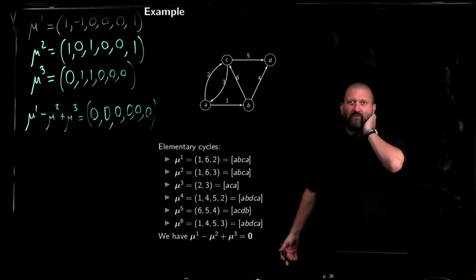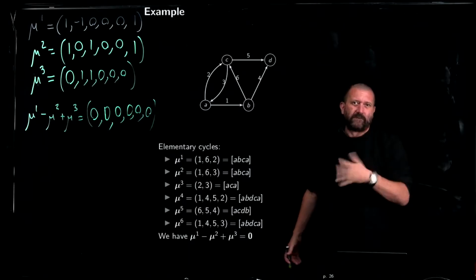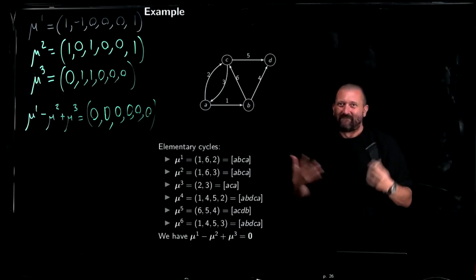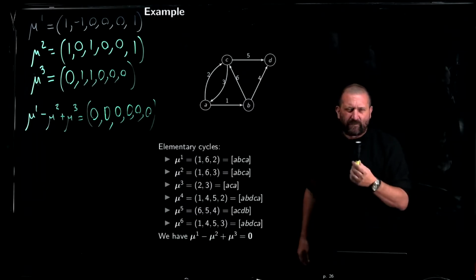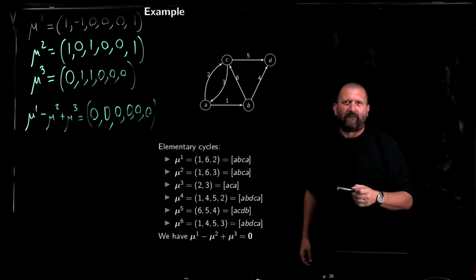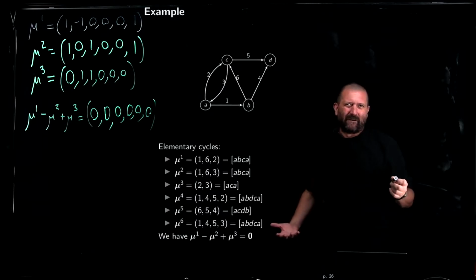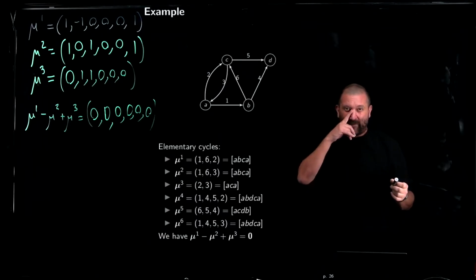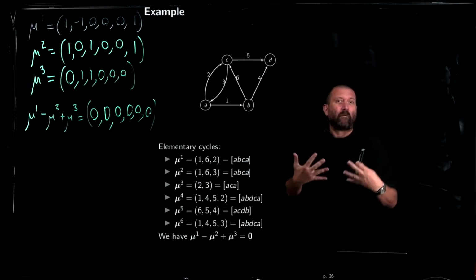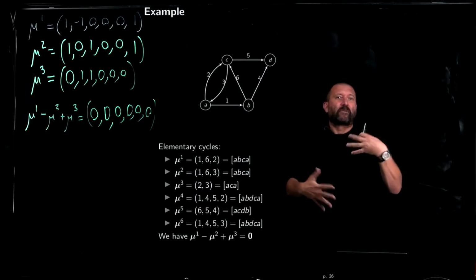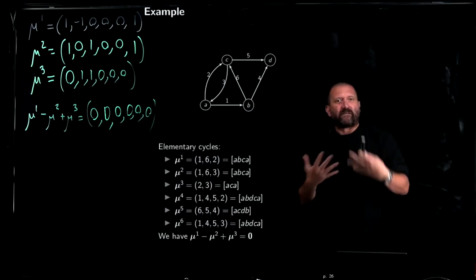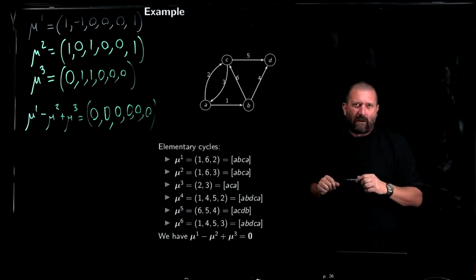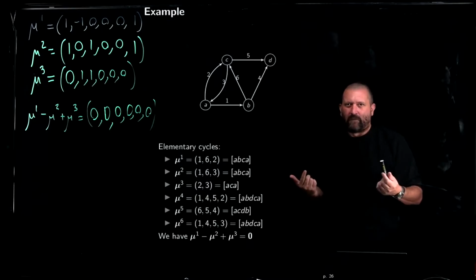But if I want to write everything that can happen in terms of cycles, well, I should probably go through 4 and 5, right? If I go through 4 and 5, I need to be able to describe going through in one direction or the other every single arc here. So how would I do that?